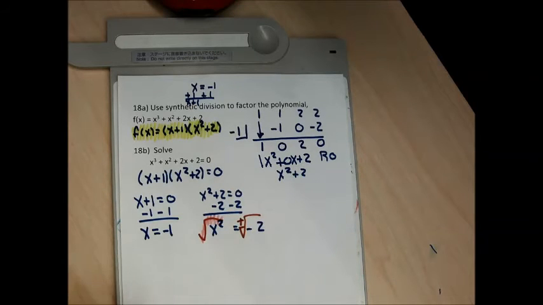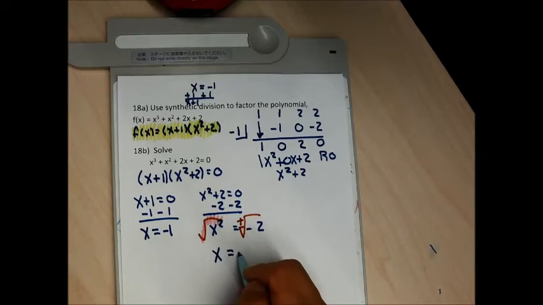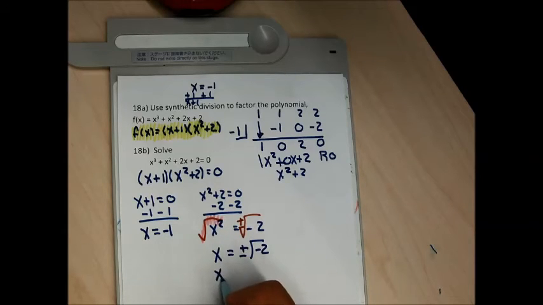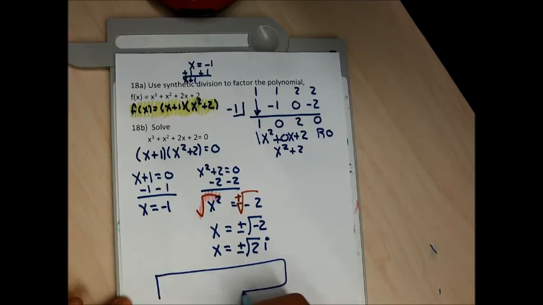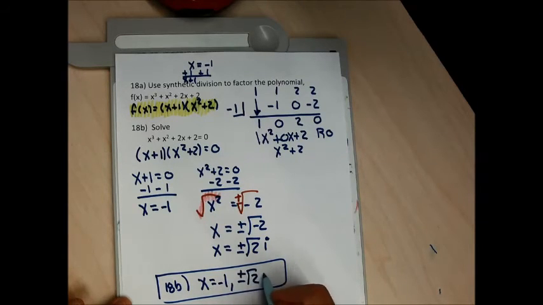This is going to give me x equals plus or minus the square root of -2. And of course, anytime you have a negative under a square root, you can make that negative an i outside of the square root. So this problem in part B has 3 answers. When I go to answer 18b, I'm going to say the answers are x equal to -1 and plus or minus the square root of 2 times i.